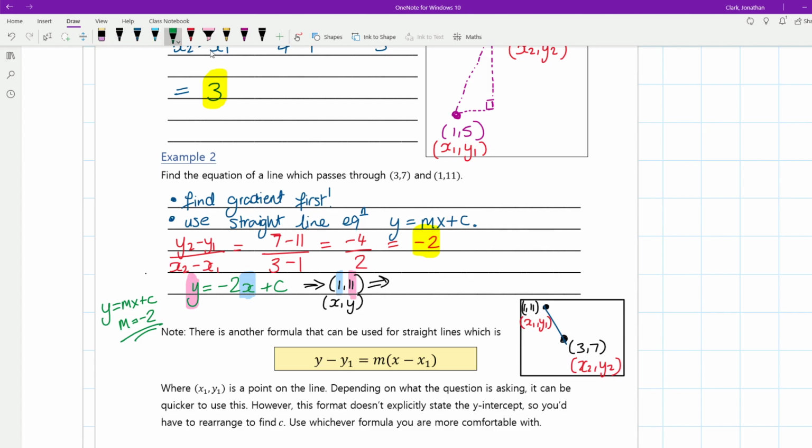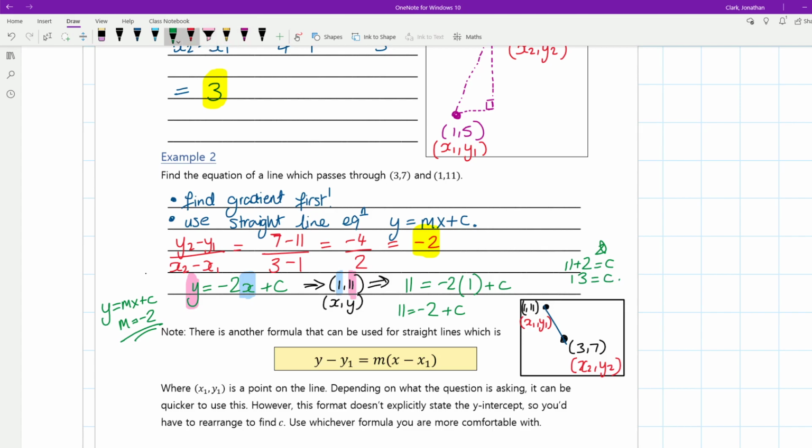So instead of y, I'll have 11. Instead of x, I'll have 1. And then the only letter left over now is c. If I solve this, I'm running out of space, so let's check it up here. 11 plus 2 is going to give me 13, which is my value for c.